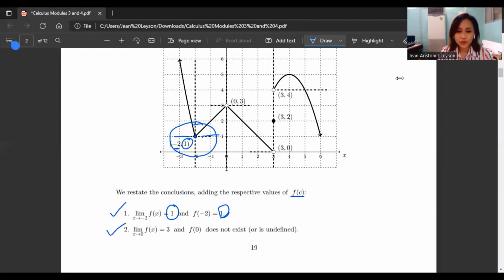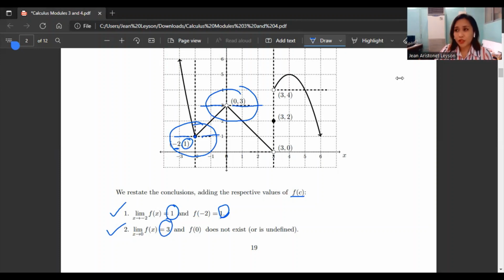For number 2, the limit of the function as x approaches 0 is 3. So here, this part right here. As x approaches 0 from the left and from the right, the function is approaching 3. And f of 0 does not exist or is undefined.